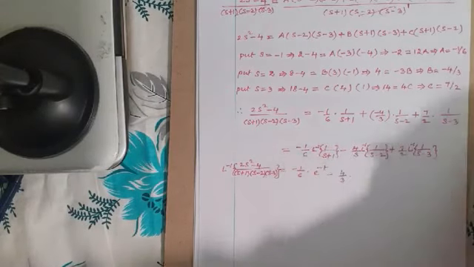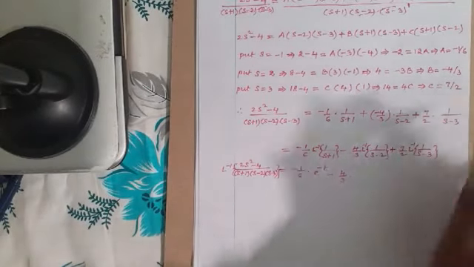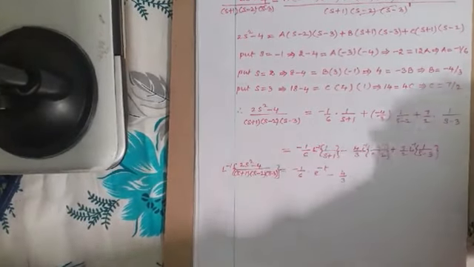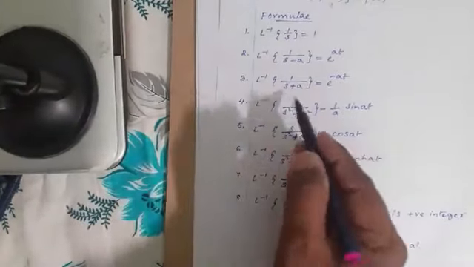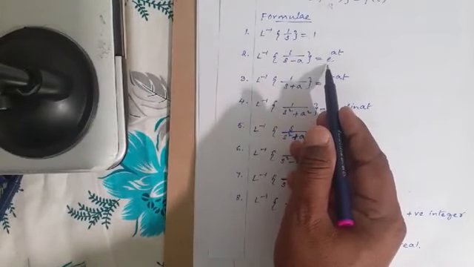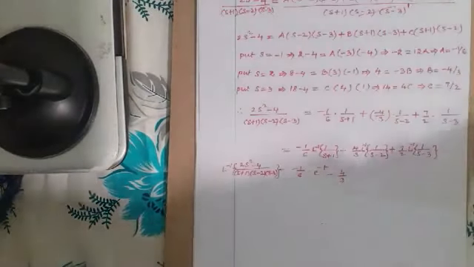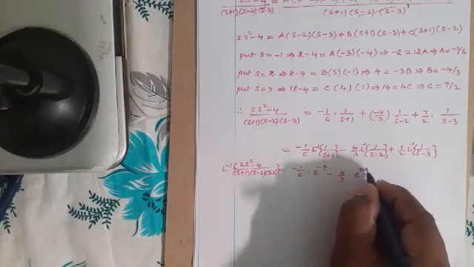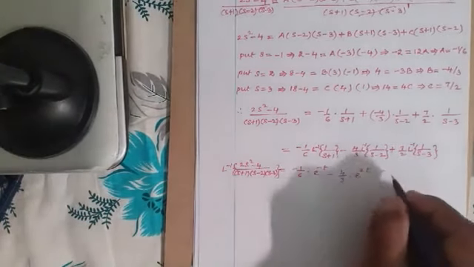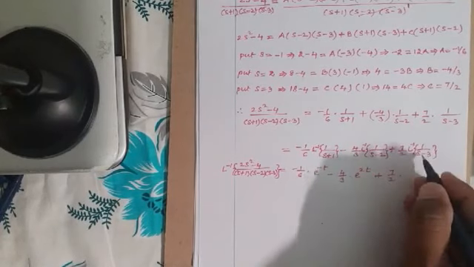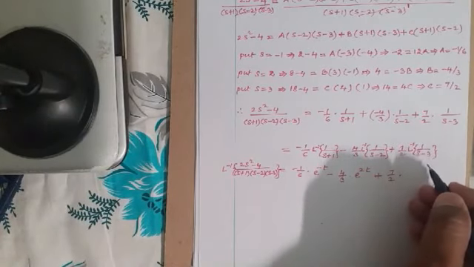Again we use the same formula, but here we have s minus 2, there we had s plus 1. So we use here L inverse of 1 by s minus a is equal to e power at. So if you use this formula, then we can write this as e power 2t, then plus 7 by 2 into L inverse of 1 by s minus 3.